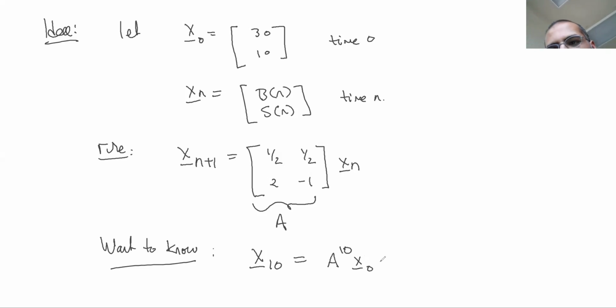And you could do that, right? You could multiply this matrix 10 times, but this seems to require a lot of arithmetic. Again, the reason it's hard is that this is not a diagonal matrix, right? If it was diagonal, it would be easy.